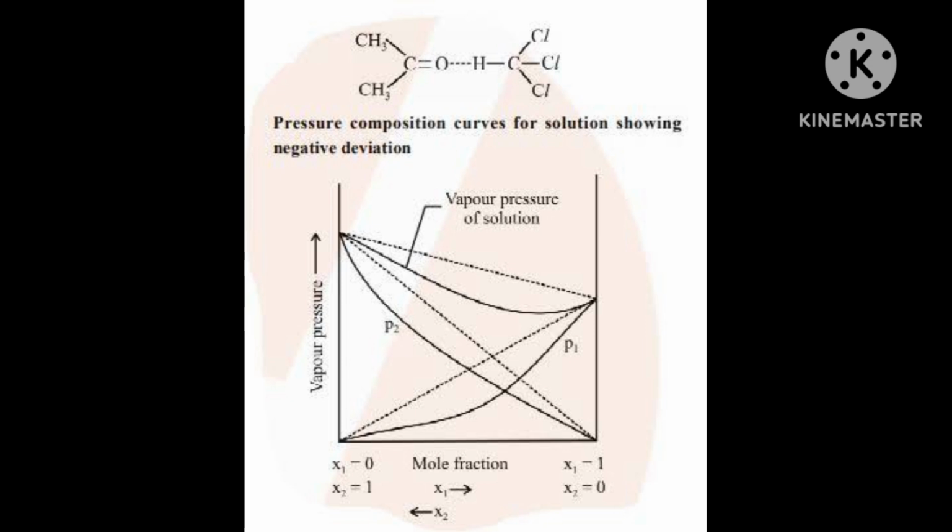So you have drawn three lines: the maximum vapor pressure of solute, the maximum vapor pressure of solvent, and the line joining them. For the solute, mole fraction decreasing means vapor pressure decreasing, forming a right angle triangle. If you join the highest pressure and lowest pressure, 0, it will be the hypotenuse.